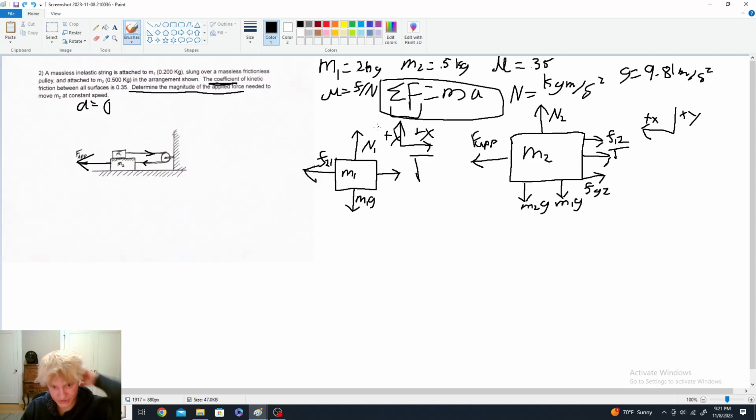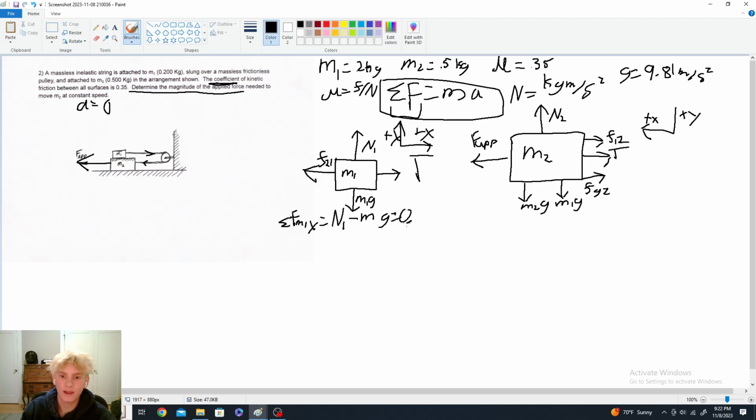So let's do that for mass 1 first, right? The sum of the forces for mass 1 in the y direction is equal to our normal force going up, so this is the normal force, minus mg. We know that to be equal to 0 because it is not accelerating up or down. It's staying still in the y direction.